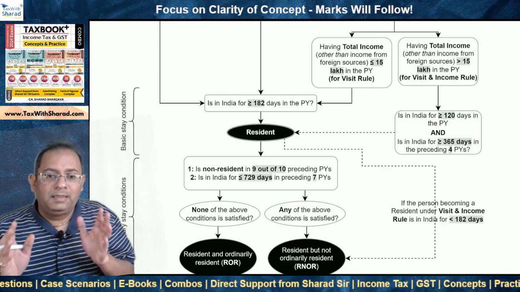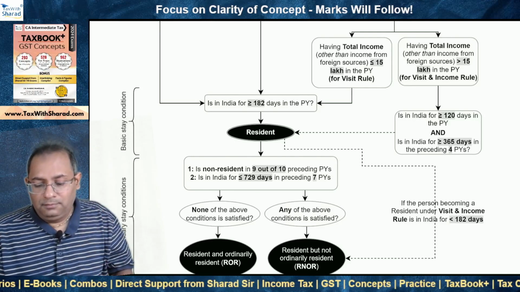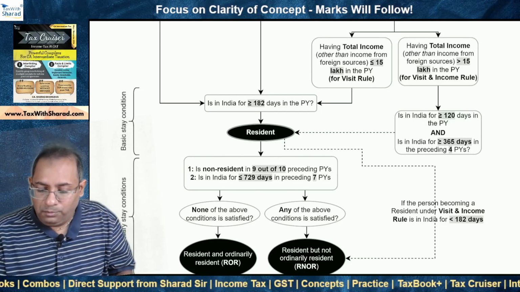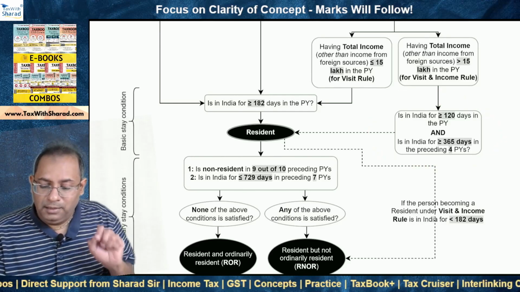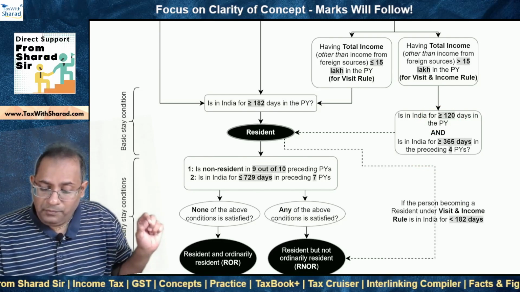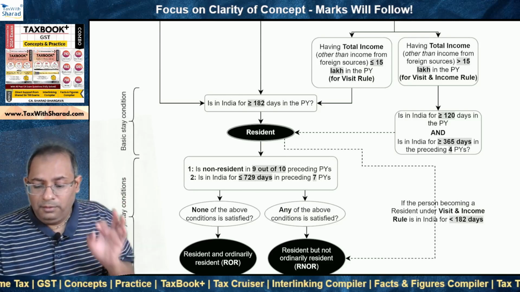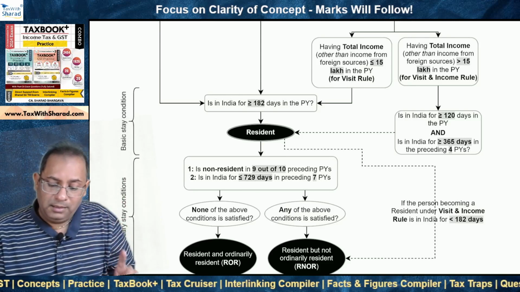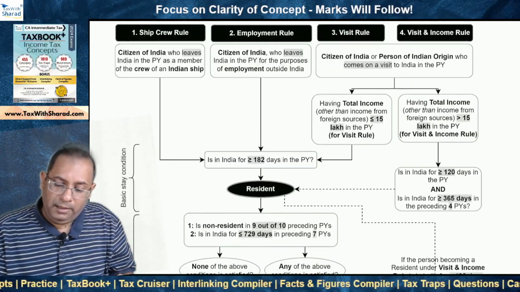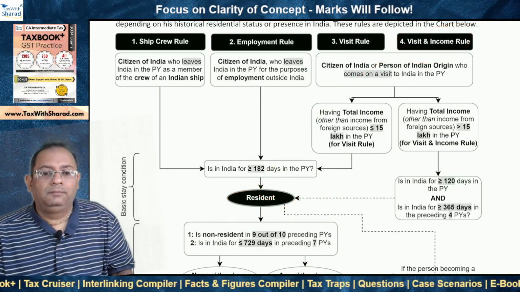Okay, at least 1 year in the preceding 4 previous years. So both these conditions need to be satisfied. Is in India for 120 days or more in the previous year, and in India for 365 days or more in the preceding 4 previous years. If yes, then under the visit and income rule, the individual would become a resident.